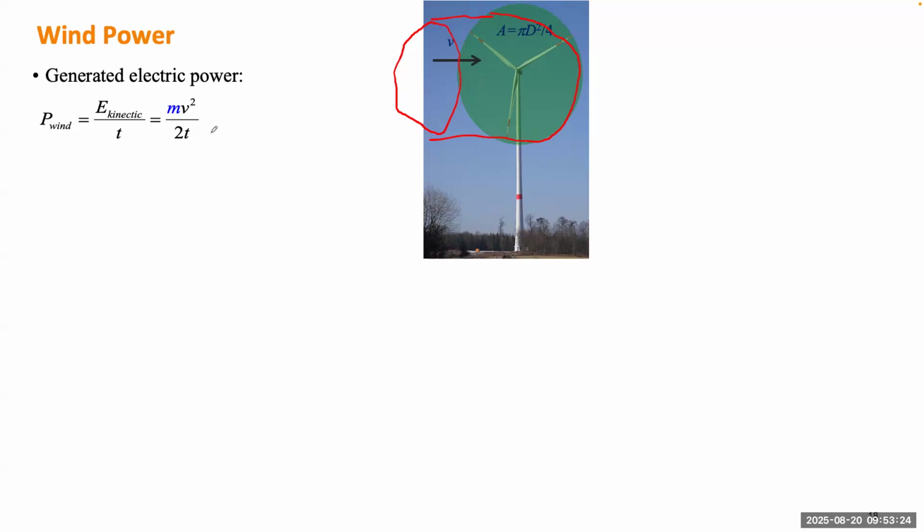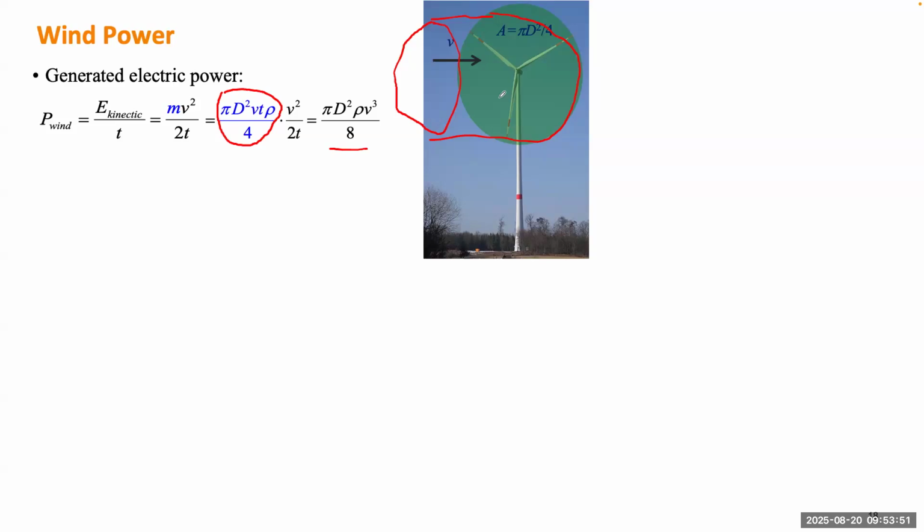So that will be able to calculate total energy. Okay, so this will be the mass of the air, which is the volume multiplied by the density. So do some simplification. So we'll have this formula calculating the total power with the wind. So that's not the power of the generator, it's just the power of the wind.